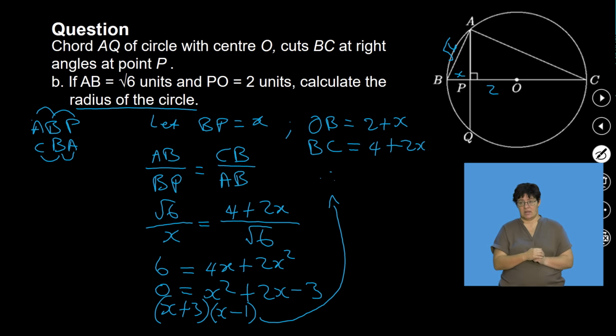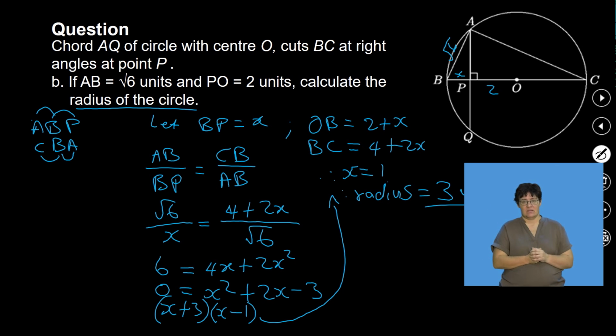So I will just say, therefore, x is equal to 1 because it cannot be equal to negative 3. Then you conclude the radius, because that's what they wanted us to find, will be equal to 3 units. And then I'll be done with this.